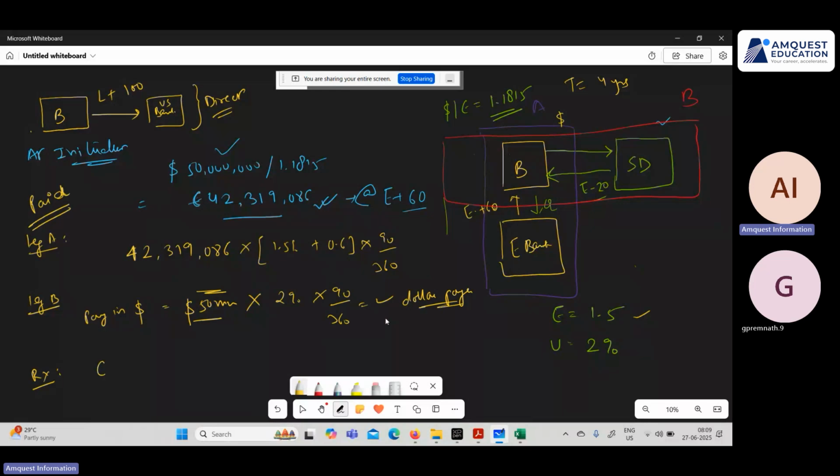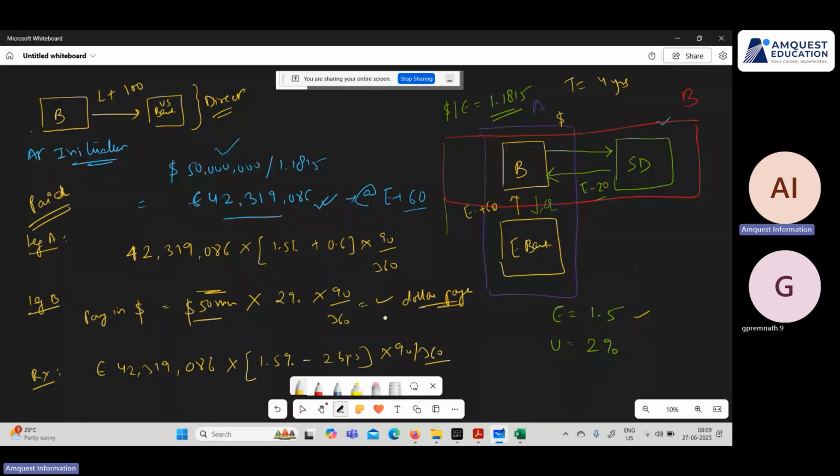He is going to receive on euro 42,319,086 multiplied by 1.5% minus 20 bips, multiplied by 90 by 360. Correct?